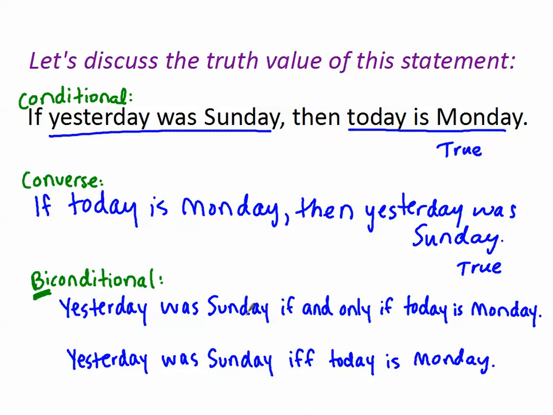Yesterday was Sunday if and only if today is Monday. This is just a way to shortcut write if and only if. But when you see that connection in there, it means it's a statement that works both ways. We can say: if yesterday was Sunday, then today is Monday, or if today is Monday, then yesterday was Sunday.